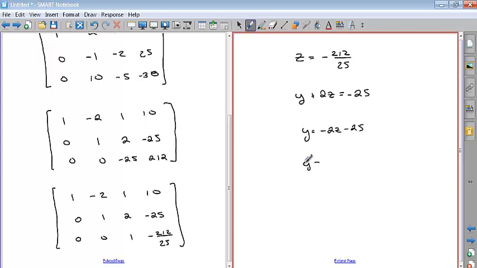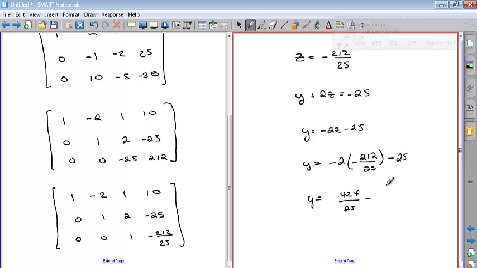But I just calculated Z, so I get negative 2 times negative 212 over 25 minus 25. So the negatives cancel out. 2 times 212 is 424. So I get positive 424 over 25.